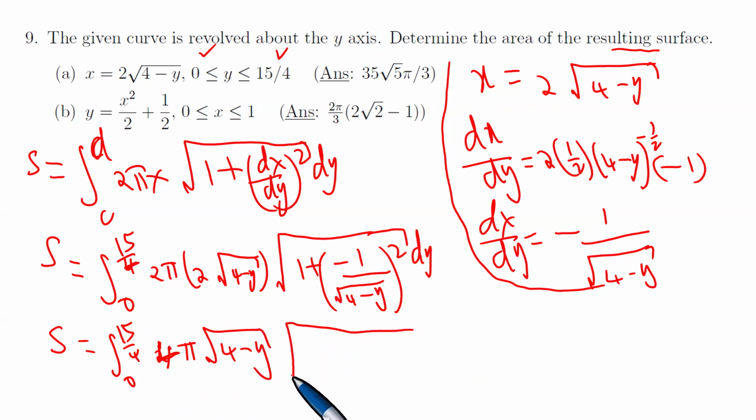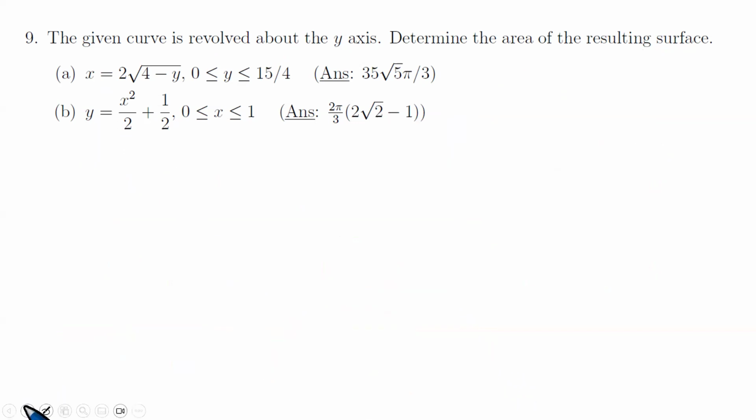Under the radical sign, we have 1 plus 1 divided by 4 minus y. This is the area of the surface, with dx/dy because we've been given x, and then you have exactly a dy. Let us continue and deal with this.